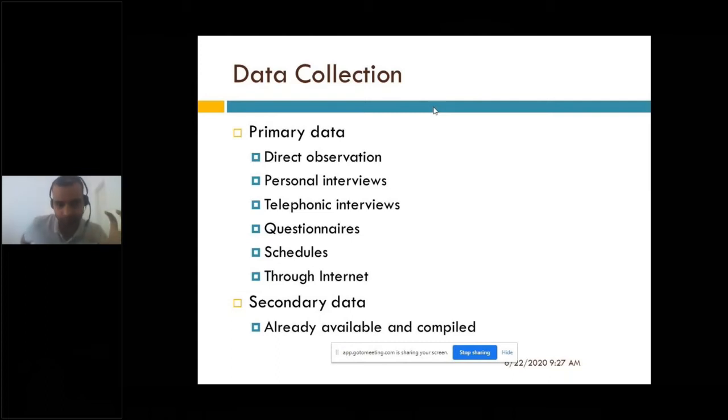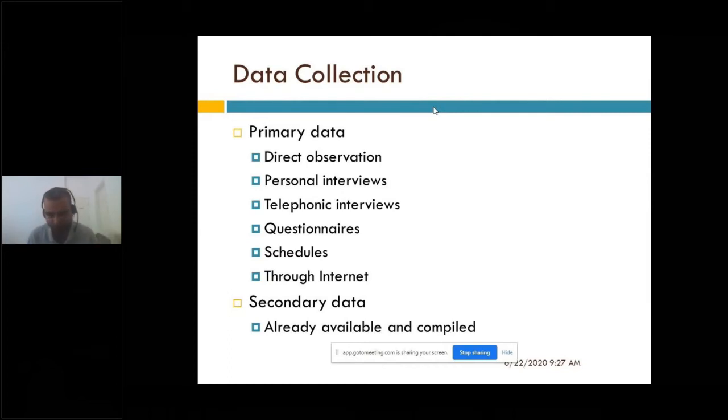Now, questionnaires and schedules are tools frequently used in social science research, especially in disciplines like economics, commerce, management, and some others. The merit of questionnaires and schedules is that you can predefine your questions.